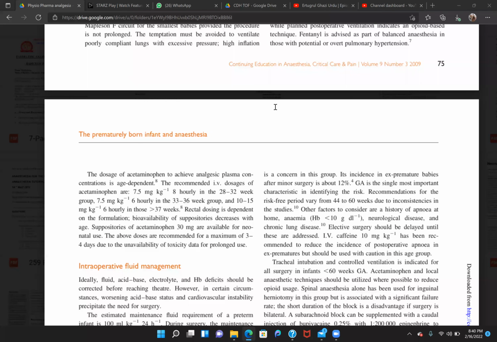Whenever you are calculating it, you have to look at the weight of the baby, and you never have to cross the safe limit. Because this 1 ml, for example, if you have a baby of 3 kg, how much is the safe dose of bupivacaine? It is 2 milligram per kg, for example. So the safe dose is 6 milligram. So how will you put it? For example, if you want to give it 1 ml per kg, how will you give it?